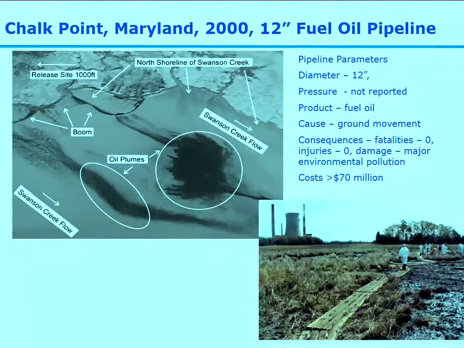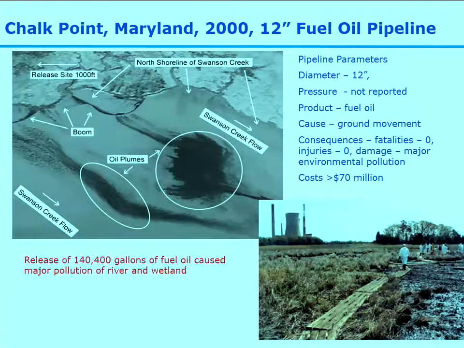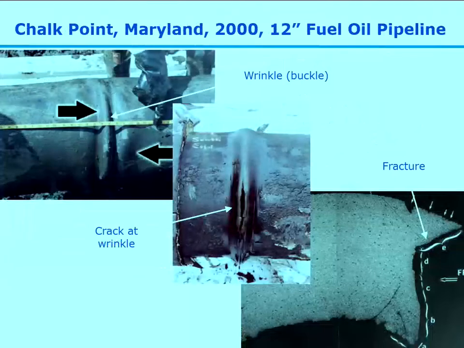This was a ground movement failure which occurred in the UK, and what had happened here was the wayleave hadn't really been managed properly because the landowner had dumped stuff over the pipeline.